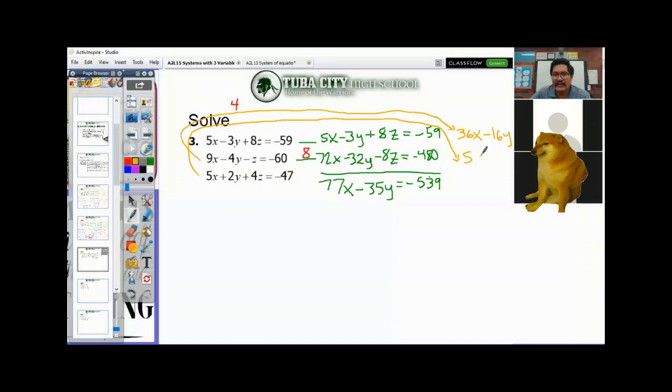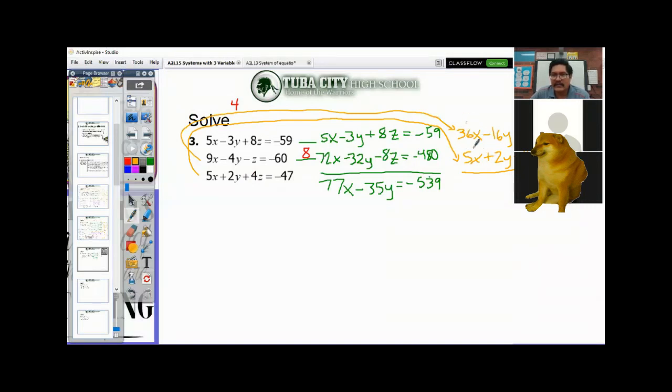And like I said, you got to make sure that they cancel the same letter. So I shouldn't have to change anything with this. It's 5x, 2y, 4z, negative 47. Okay, so don't need to change anything there.